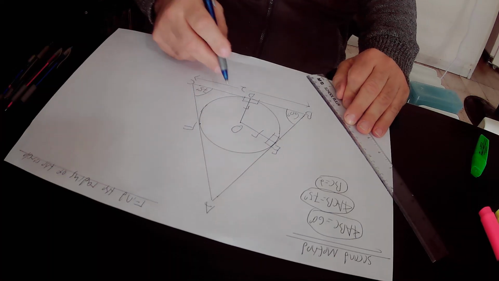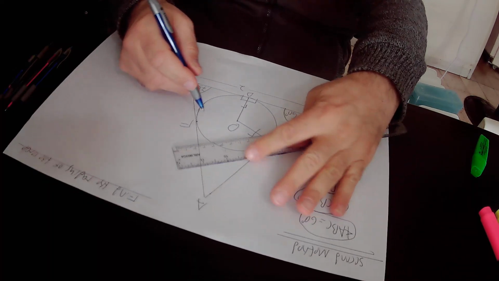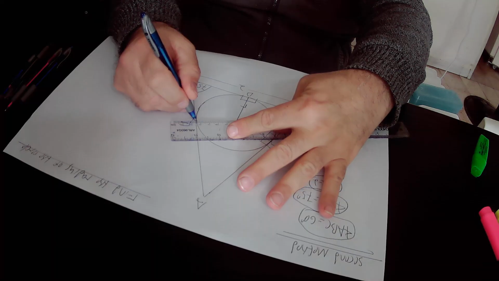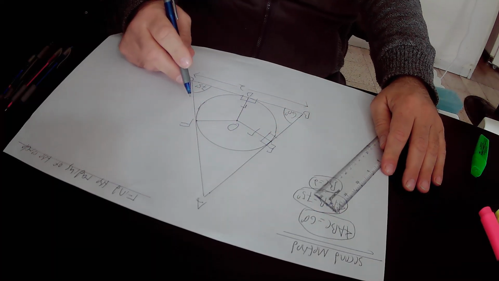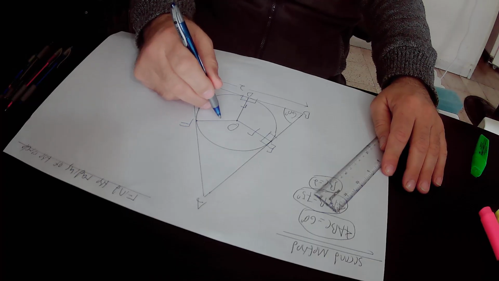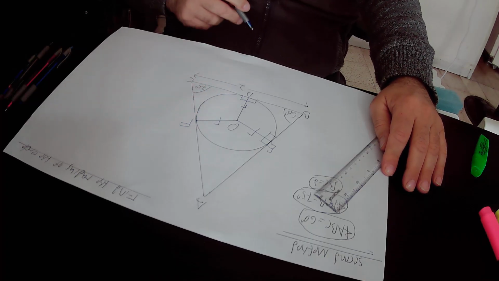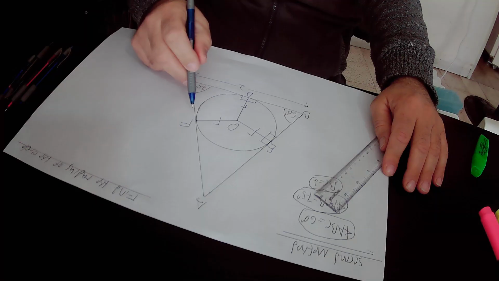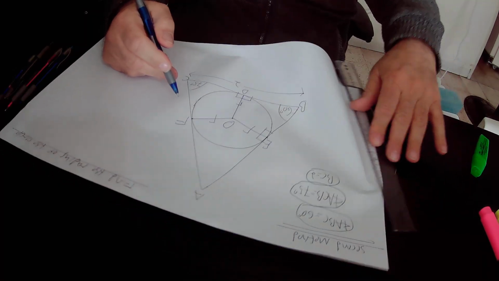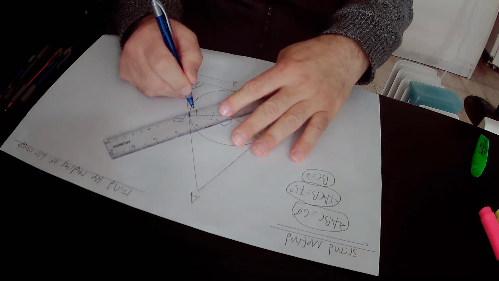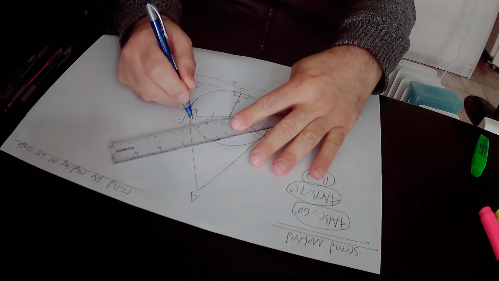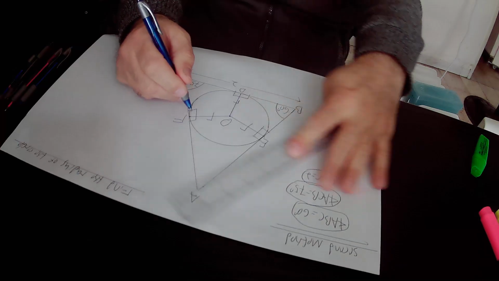Likewise, we join points O and F together by a straight line. OF is the radius of this circle that is equal to R. The radius OF is drawn to point F, and therefore, according to rule number 1, this angle equals 90 degrees, and this angle also equals 90 degrees.